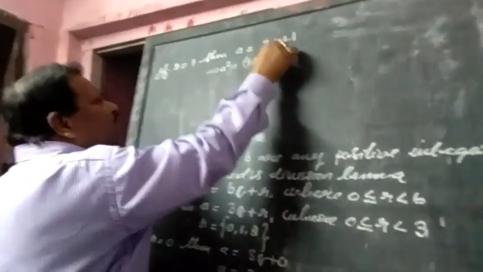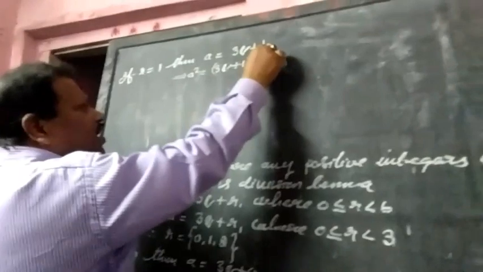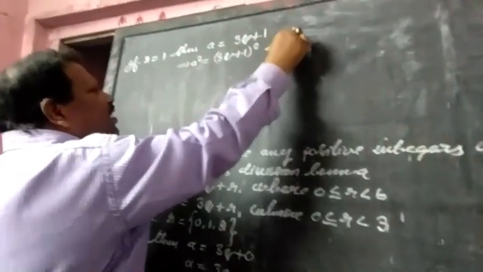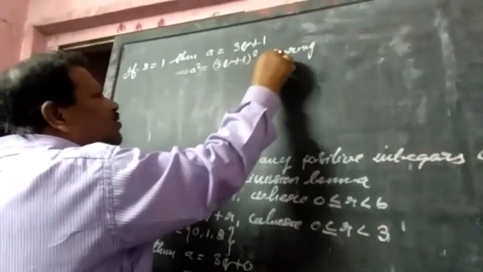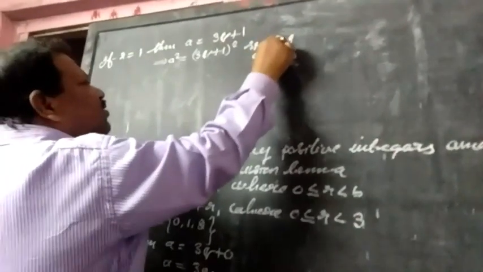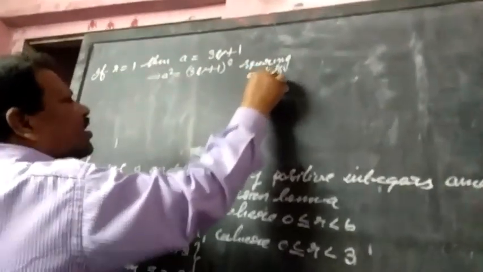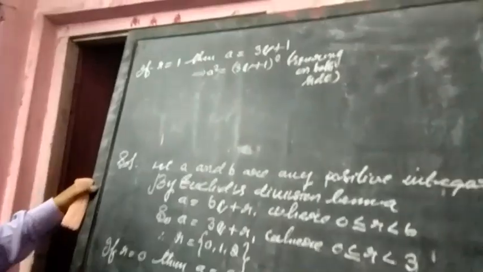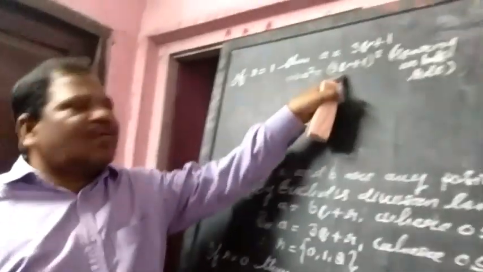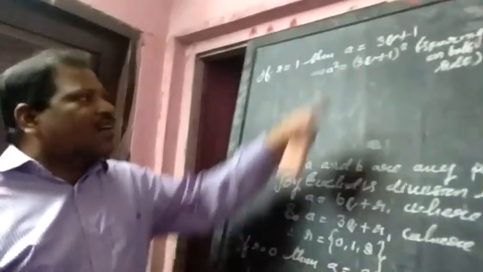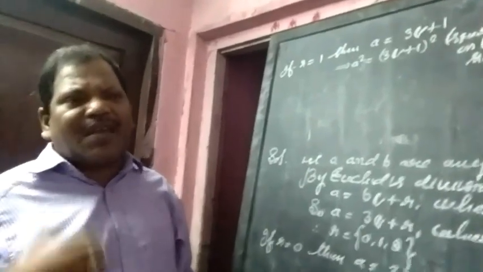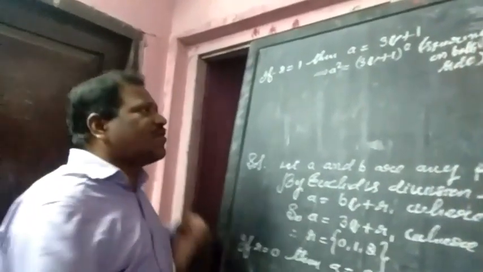Squaring on both sides, this is in the form of (A plus B) whole square. The formula is (A plus B) whole square is equal to A square plus 2AB plus B square.